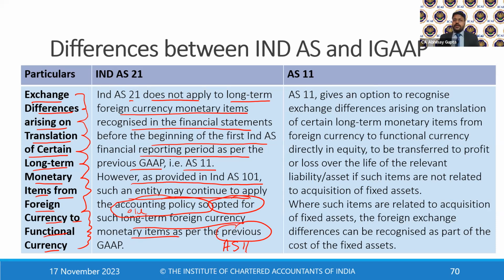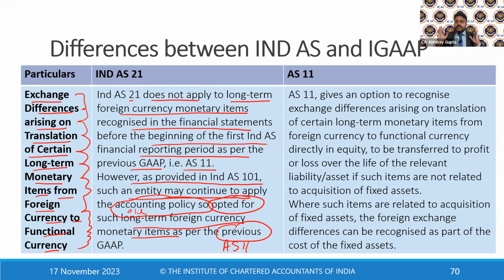So under Ind AS 21, because the accounting policy is different, Ind AS 21 does not provide this opportunity. So Ind AS 101 only relaxed the companies or gave an exemption to the companies at the time of first time adoption as a choice whether you want to continue the old accounting policy as per AS 11 in your Ind AS financial statements for the old items or you don't want to continue, right?